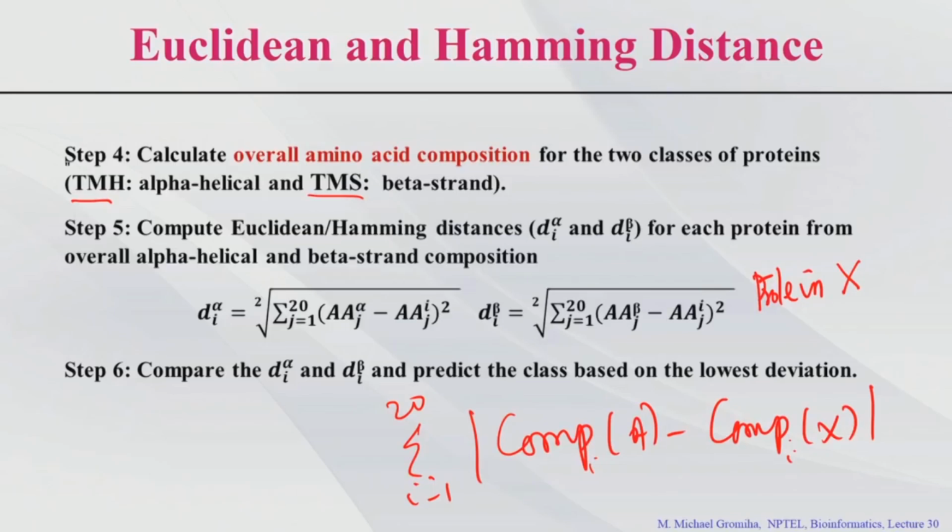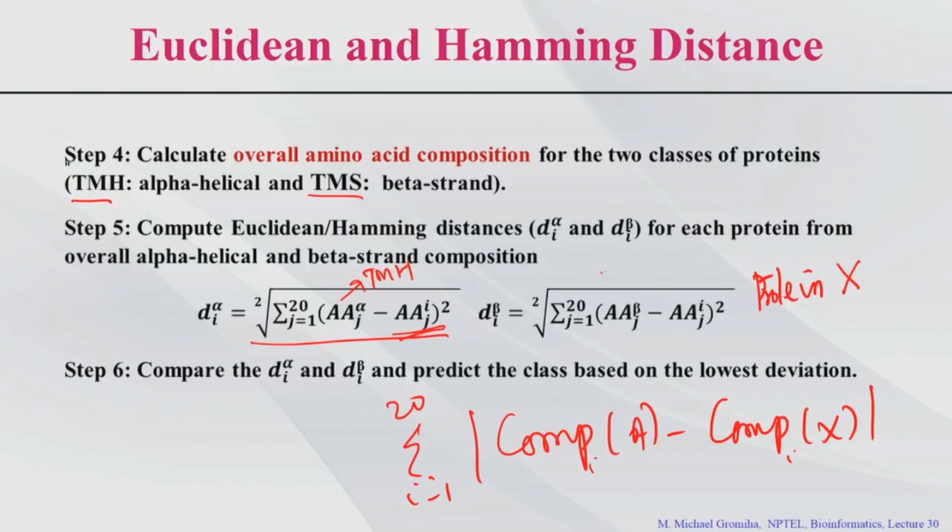For the Euclidean distance, you can use this equation: square root of the sum over i equal to 1 to 20. This is for all TMH proteins against your query protein.